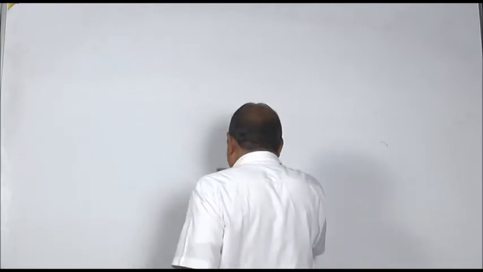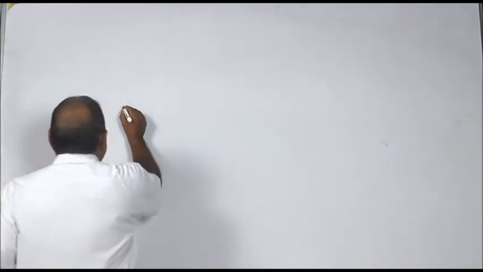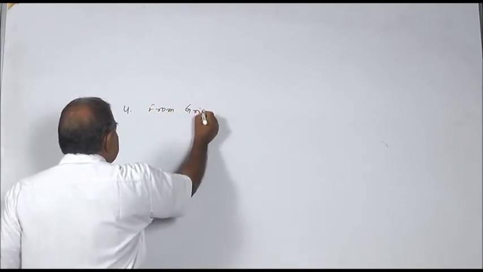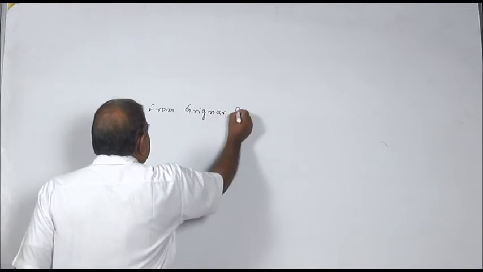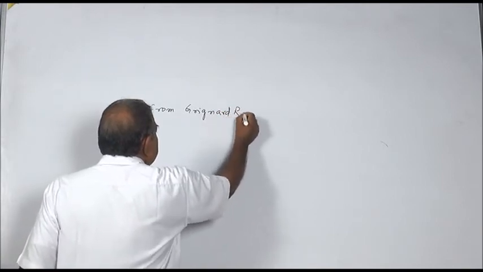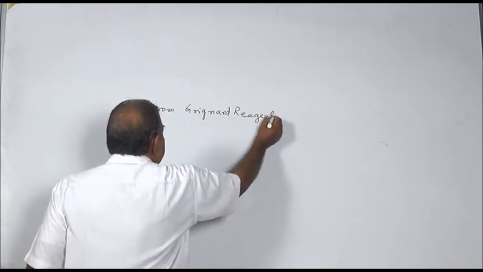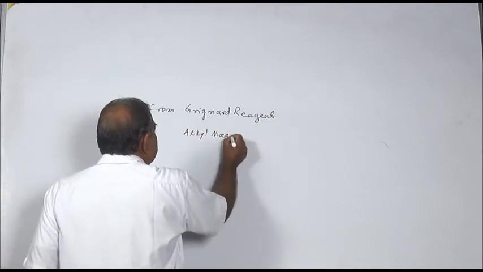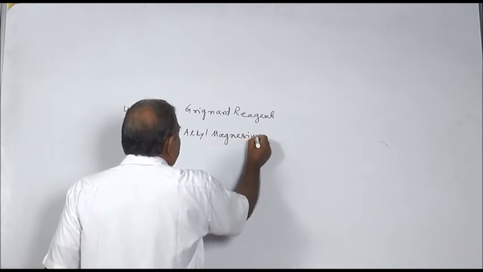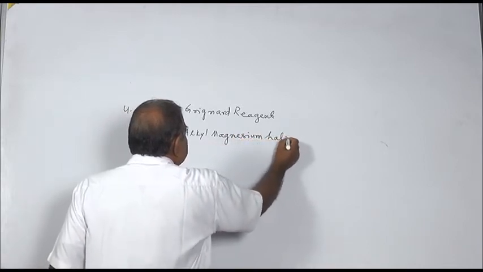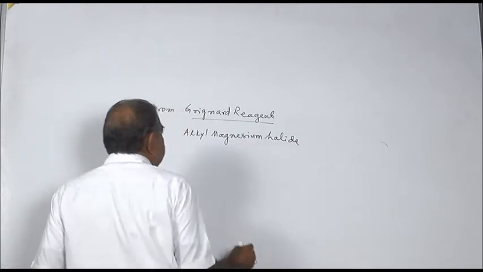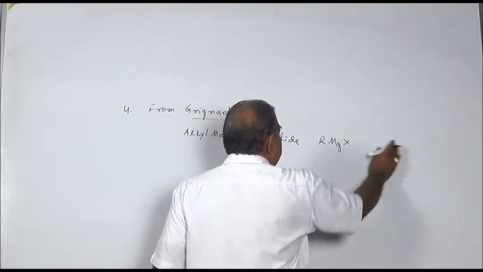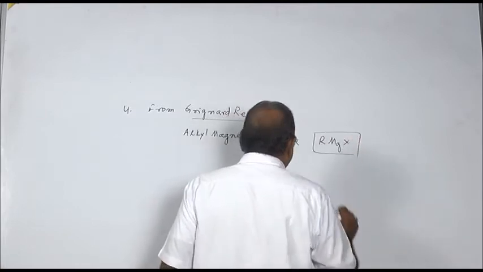Also we can get alkanes by using Grignard's reagent. Grignard reagent, that is alkyl magnesium halide, is called Grignard reagent. RMgX: R is an alkyl group, X is a halogen.